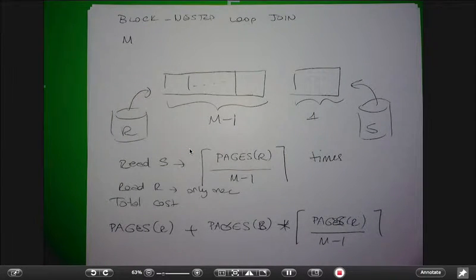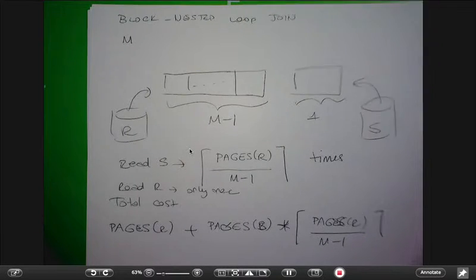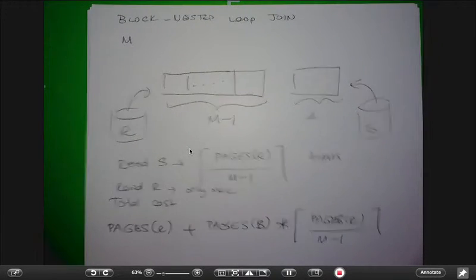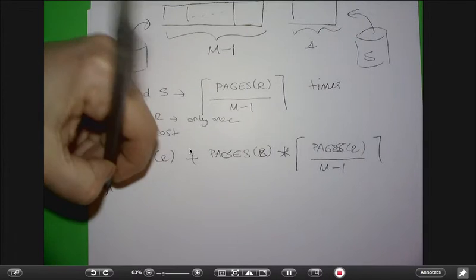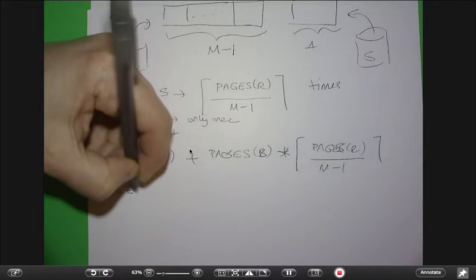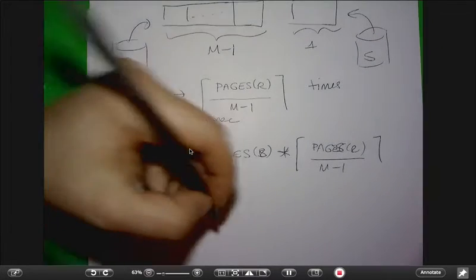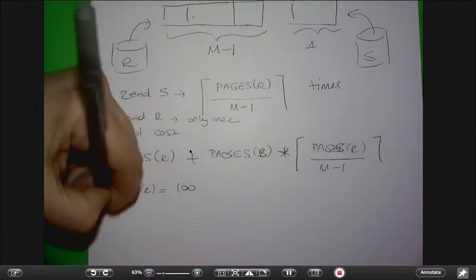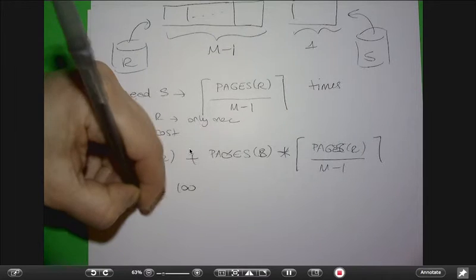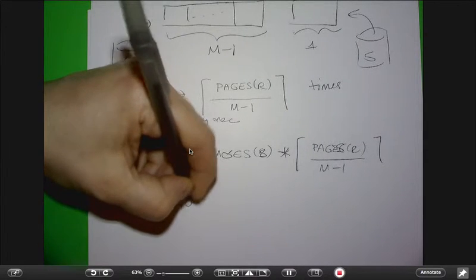Okay. So let's look at the same example as before. Pages of R was 100 and pages of S was 2000.